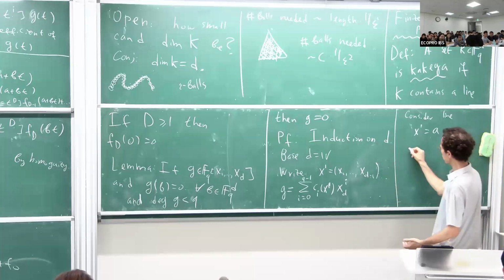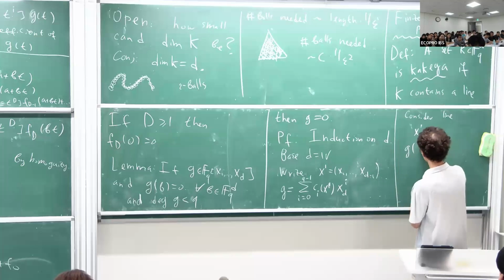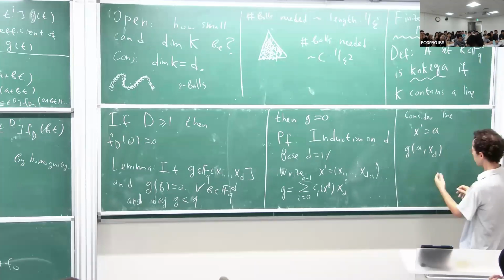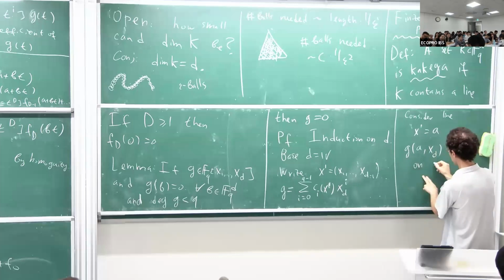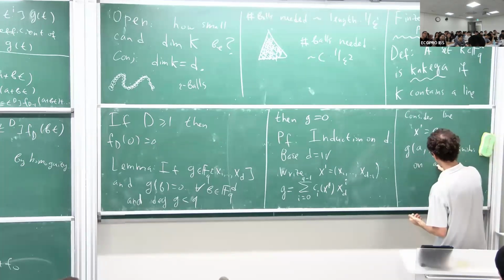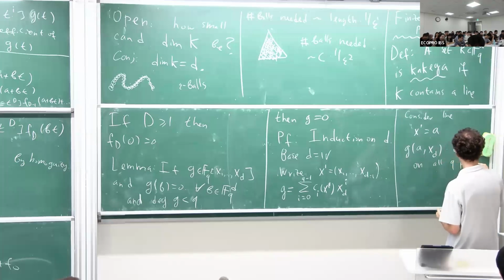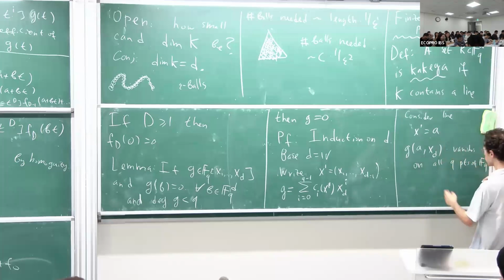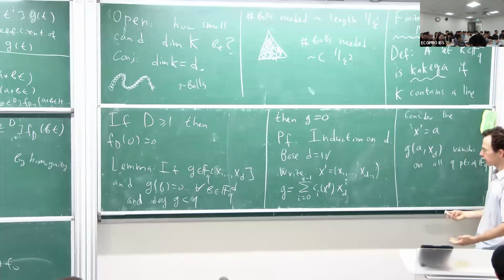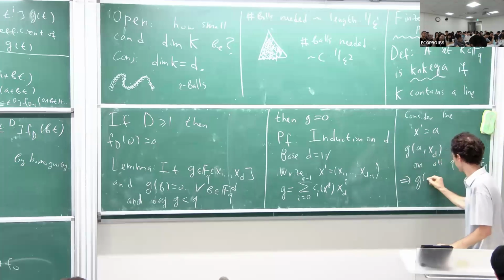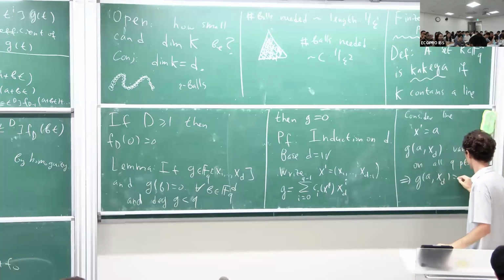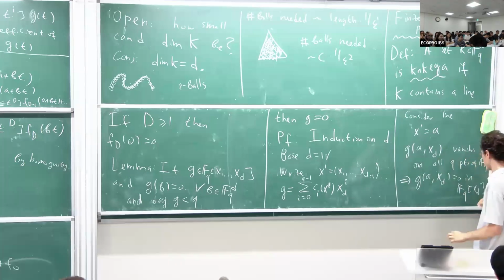On this line, G vanishes on all q points of F_q. So for every value of x_d, by the one-dimensional result, this is the 0 polynomial.